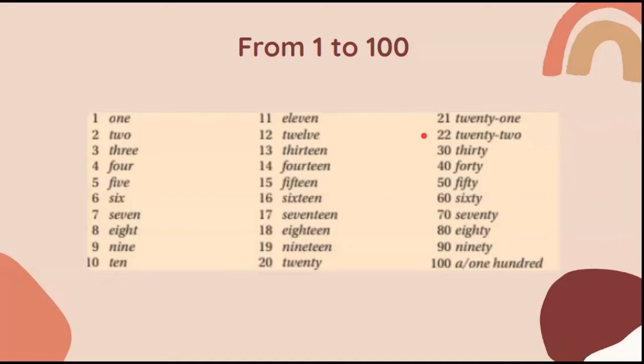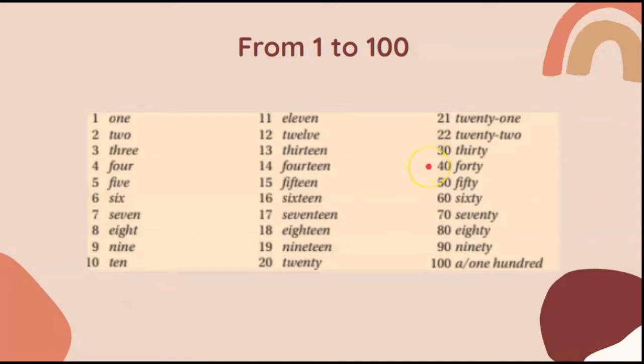And after 29, we go to number 30. Pay attention to this termination and also notice that it is different from this one. In this case, we say 13, and here we say 30. Okay?